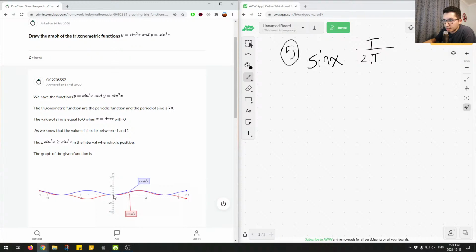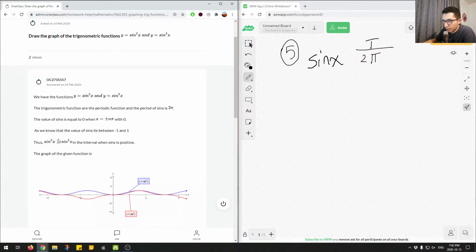So when n is equal to 0, x is equal to 0, we have 0, and when n is 1, at pi, 3.14, sine x will also be 0, and so on. As we know, the value of sine x lies between -1 and +1.